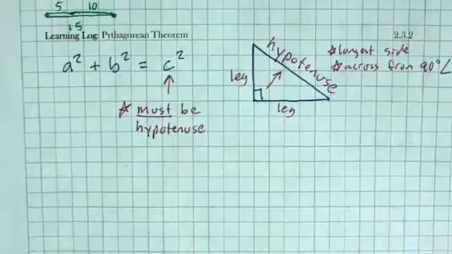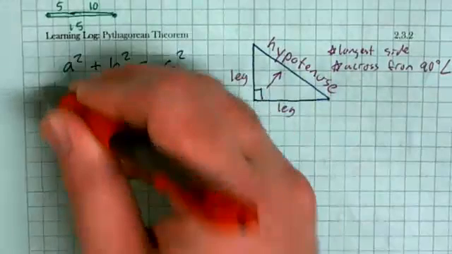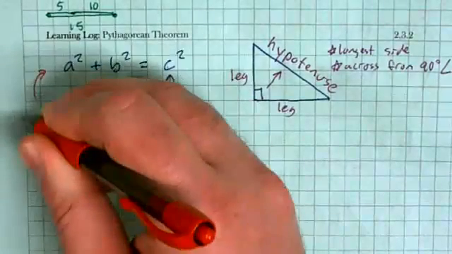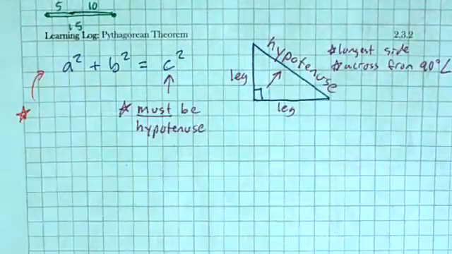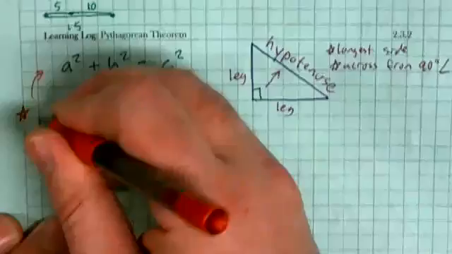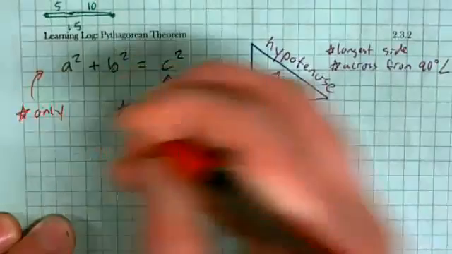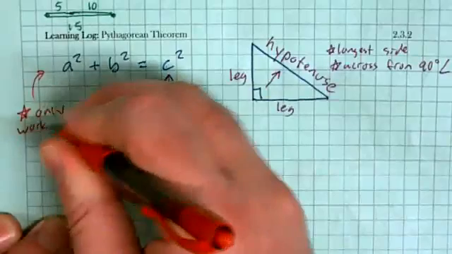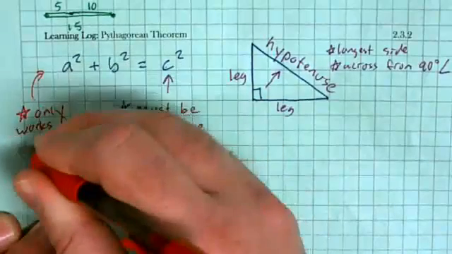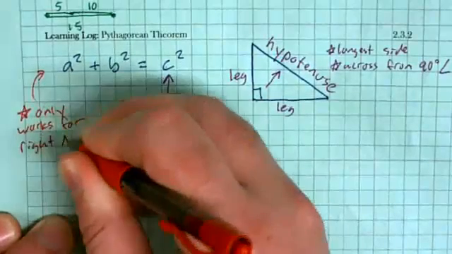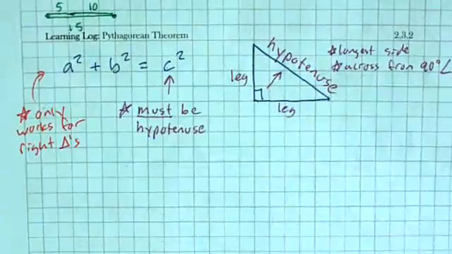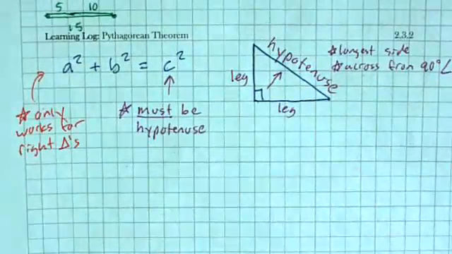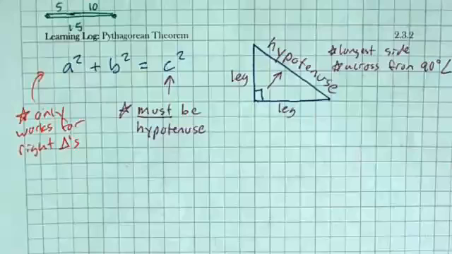And there's something else that's really important about the Pythagorean theorem. And it is that it only works for right triangles. So the second most common error with the Pythagorean theorem is people try to apply it to non-right triangles.